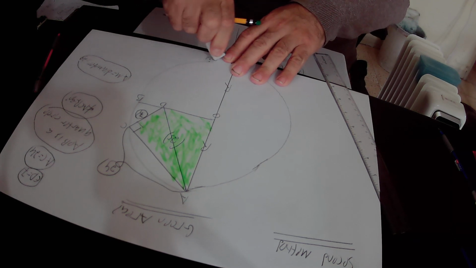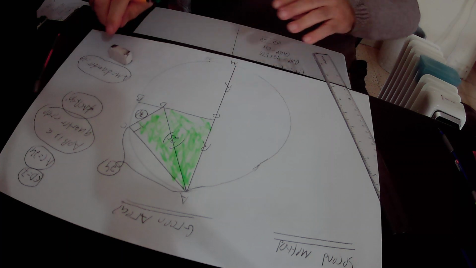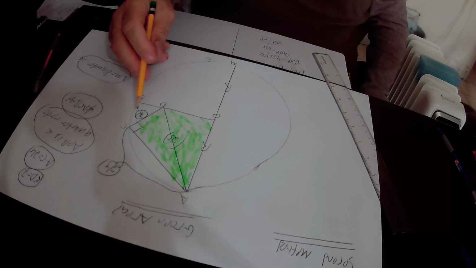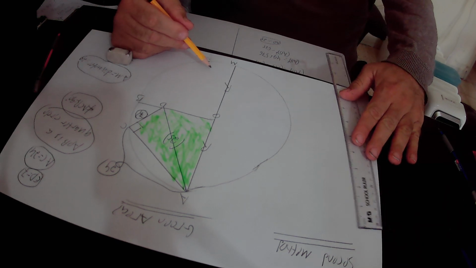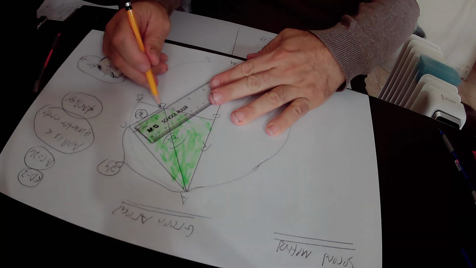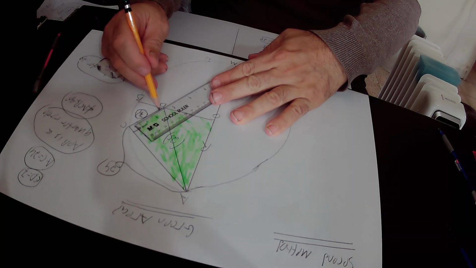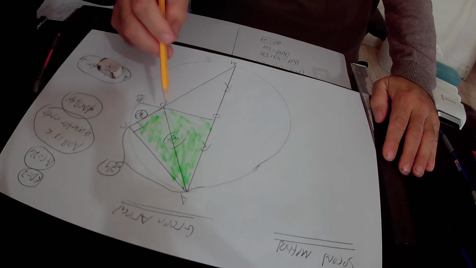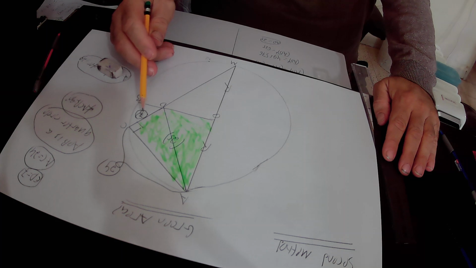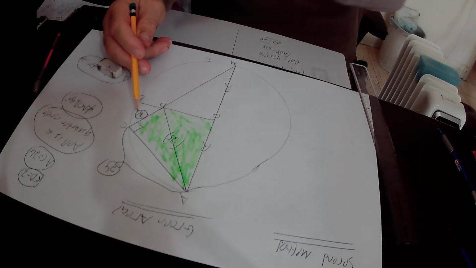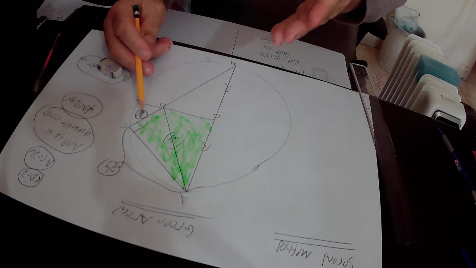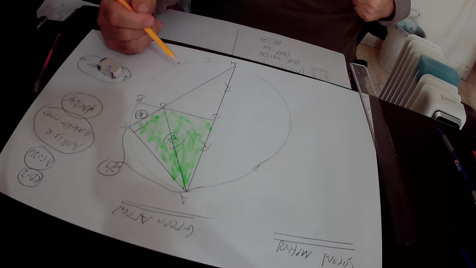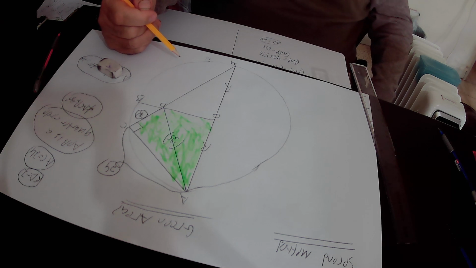In order to avoid the contradiction to rule number 5, we must conclude that the extended CD must touch the circle at point M and only at point M and not at any other point. And here we have peripheral angle ACM that is equal to 90 degrees, and indeed this peripheral angle rests on chord AM, that is the diameter of this circle, exactly according to rule number 5. Okay?